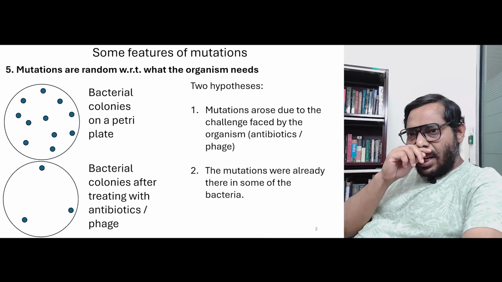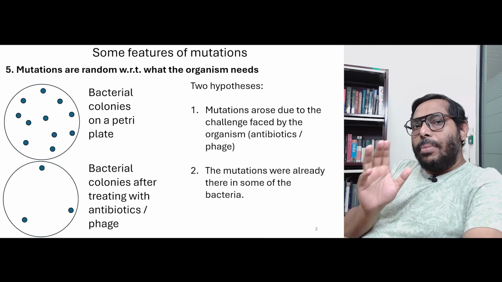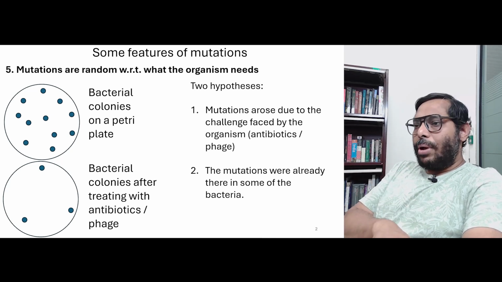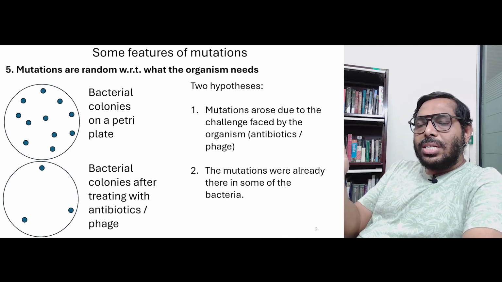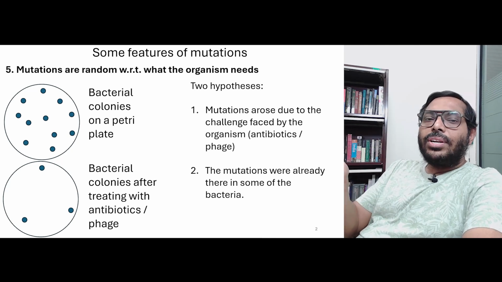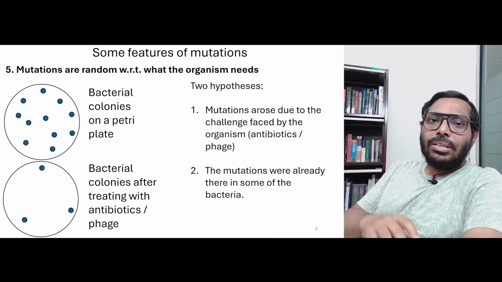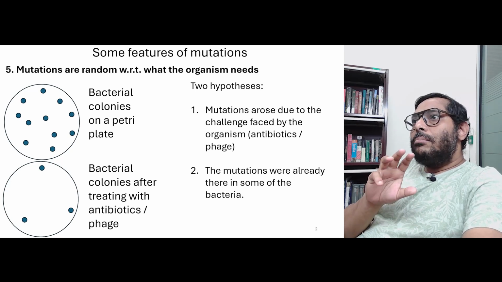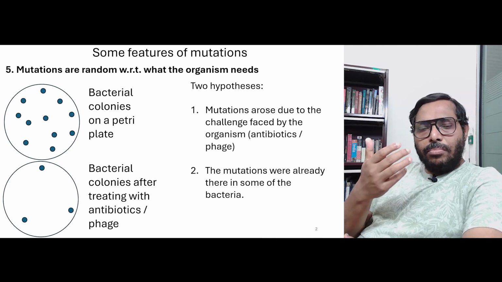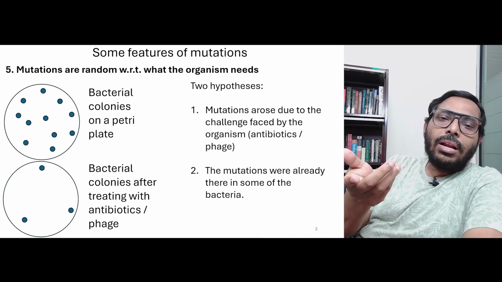Now, although this looks like a very simple question, actually this is a very big and well known question in biology, and the primary reason for that is if the mutations are arising after the organisms are being challenged with some environmental factor, then one can say that adaptation, which is a major feature of most organisms, can be directly a result of the mutation.